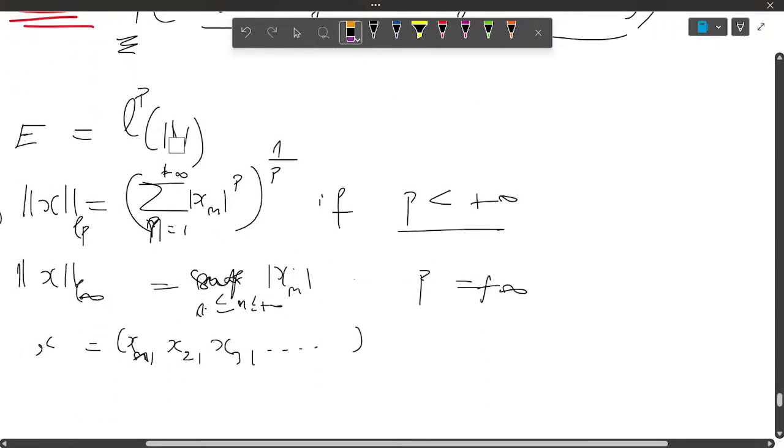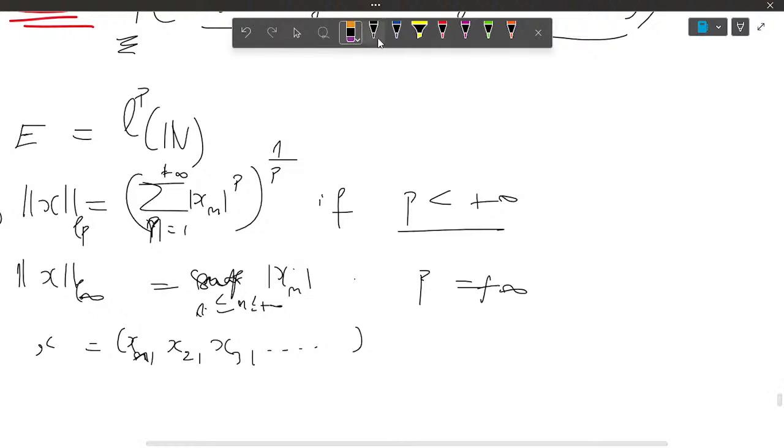Those other choices, when p is different from 2, are not coming from any inner product. We can only expect it to be true if p equals 2.